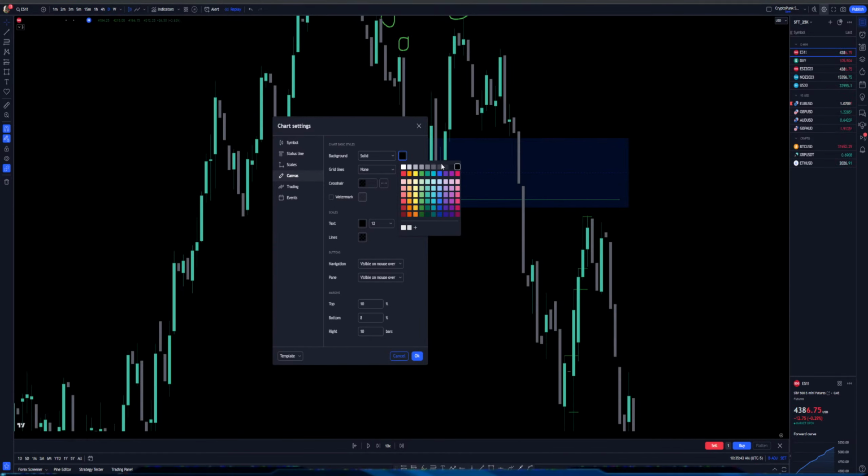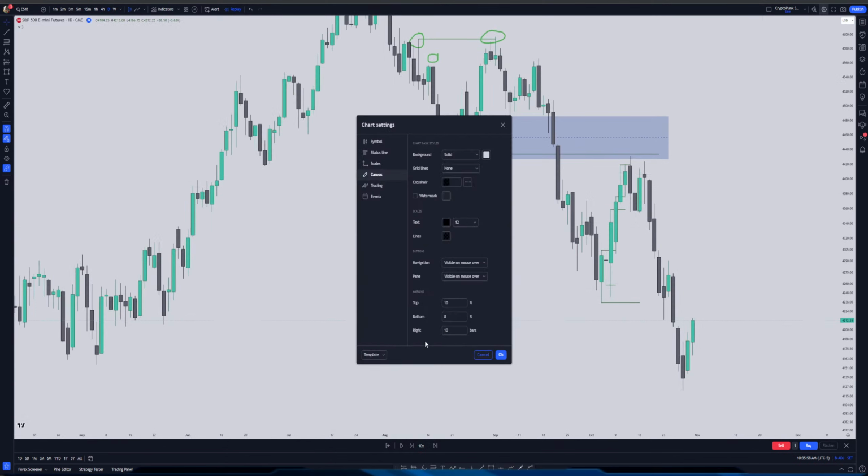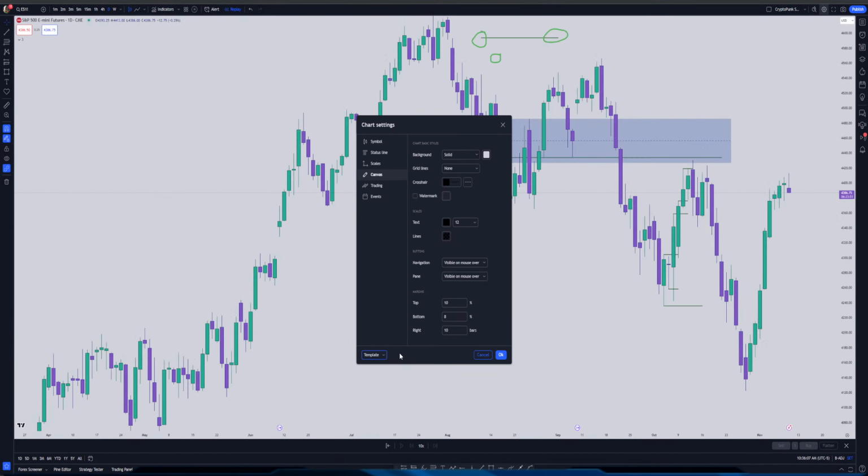Should I change the back? Let me see which one I'm using right now. PG, what is PG? Purple and green. White is nice. Color blind. Okay. White is nice.